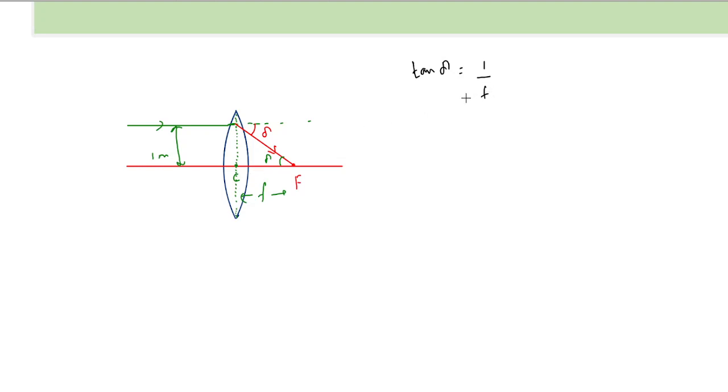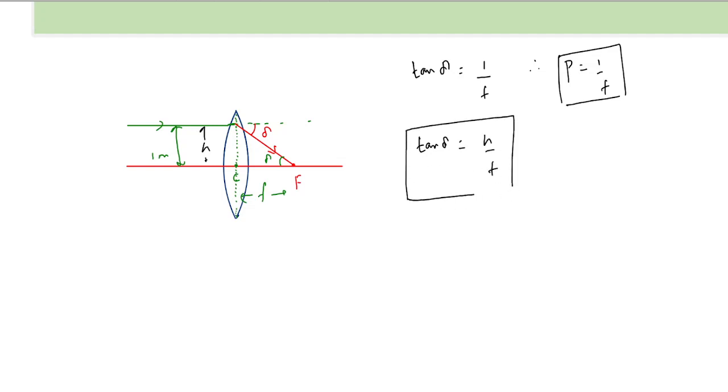But by definition this would be power. So therefore power is equal to 1 by f. For a general case, if the height is h, then tan delta will be given as h by f. This is for the general case, but if h is equal to 1 meter, this is what we get.